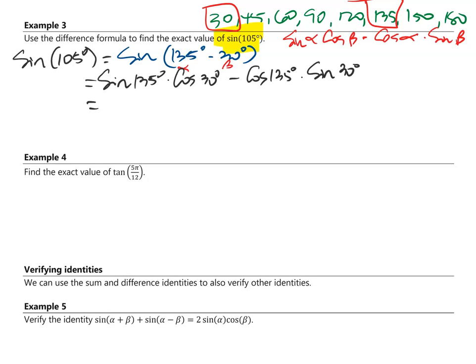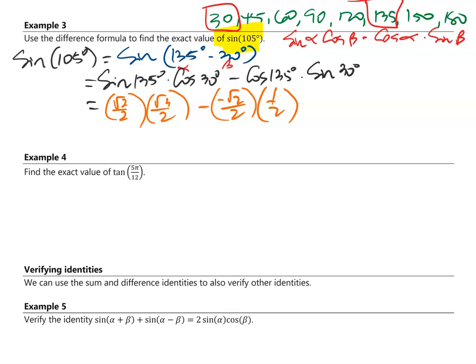Sine of 135 is square root of 2 over 2. Cosine of 30 is square root of 3 over 2. Minus cosine of 135 is negative square root of 2 over 2. And sine of 30 is 1/2.